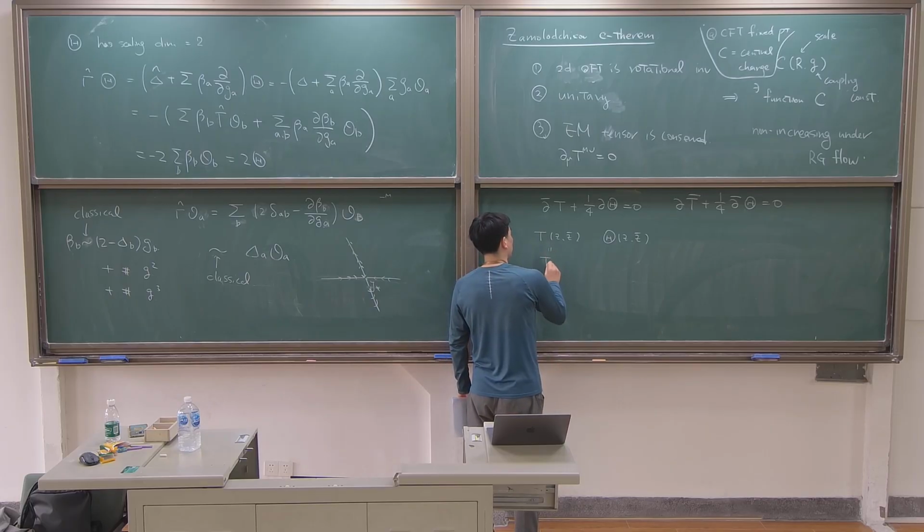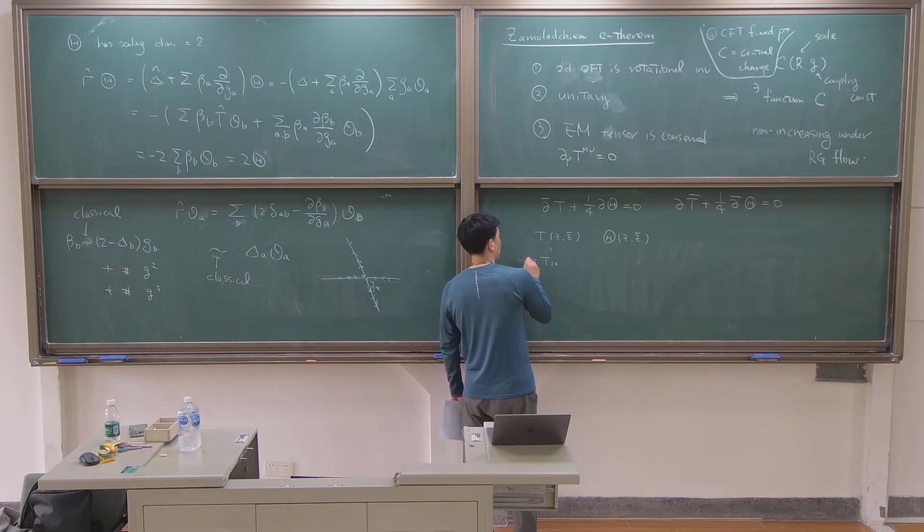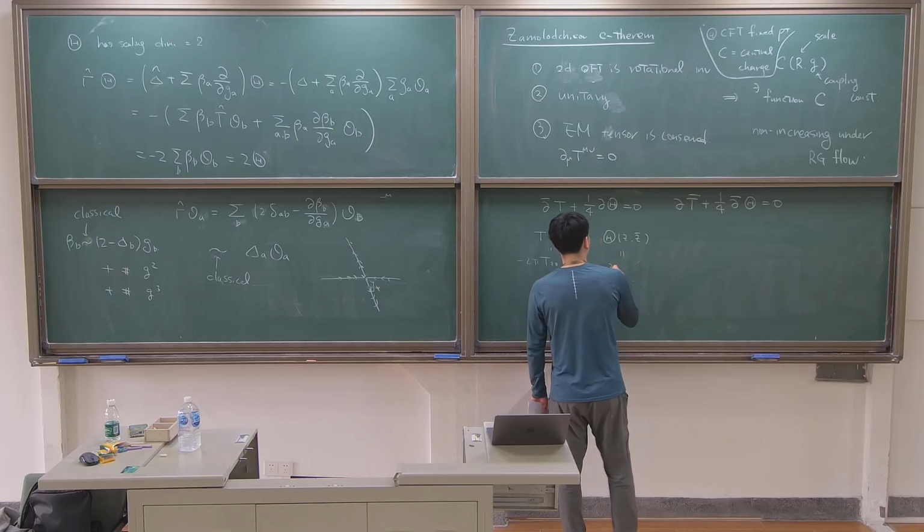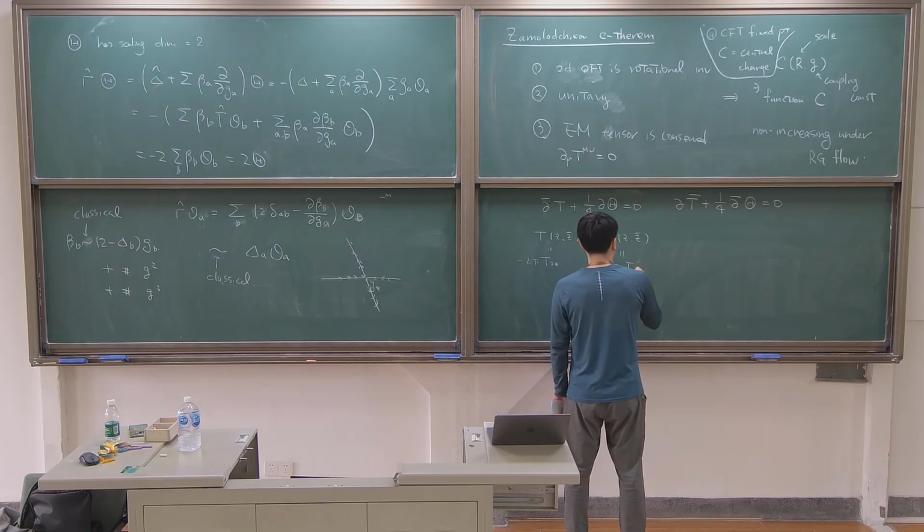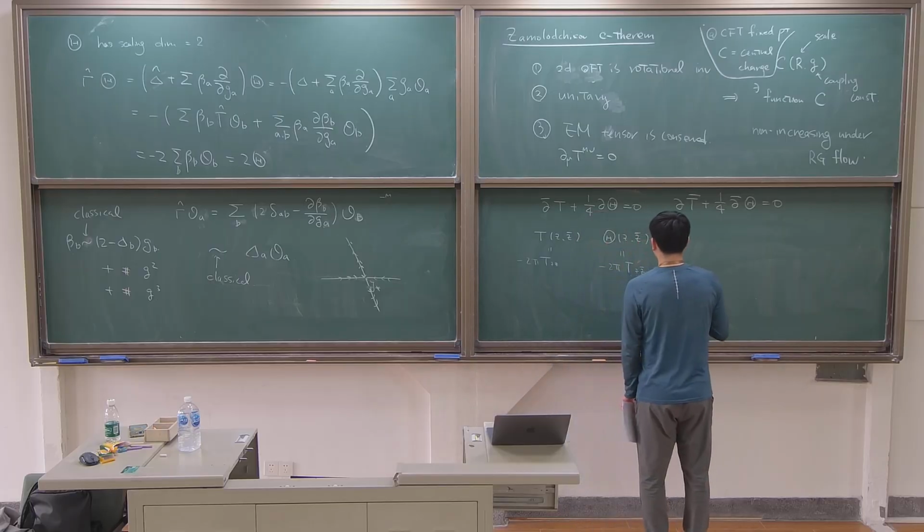This one is, as I mentioned, T z z, up to some factor like 2 pi. And this one is minus 2 pi T z z bar, or minus 2 pi T z bar z. Sorry, I think it's pi.